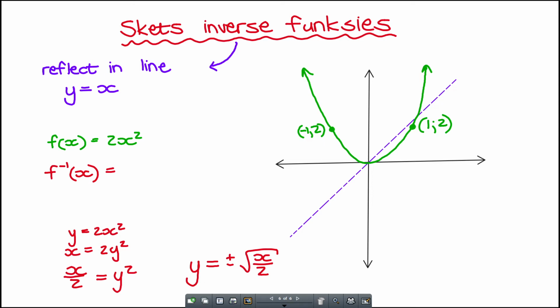But because we don't know whether that's a function yet, because we can only write it in this type of notation if it's a function, I am going to first say f minus 1 to show that it is inverse, and then we say y is equal to plus minus square root x over 2. You guys good with that?